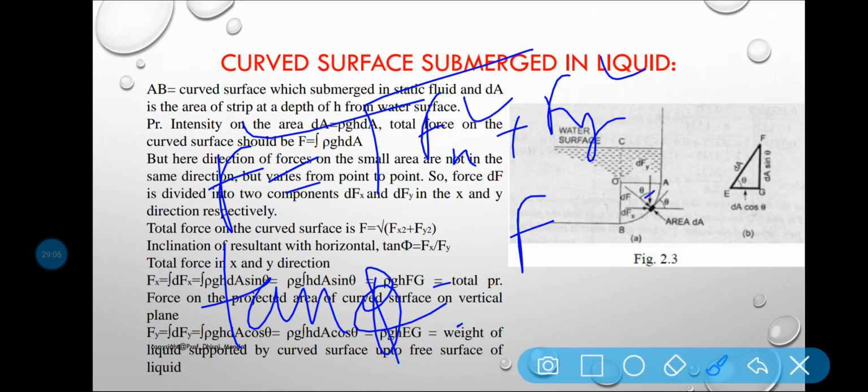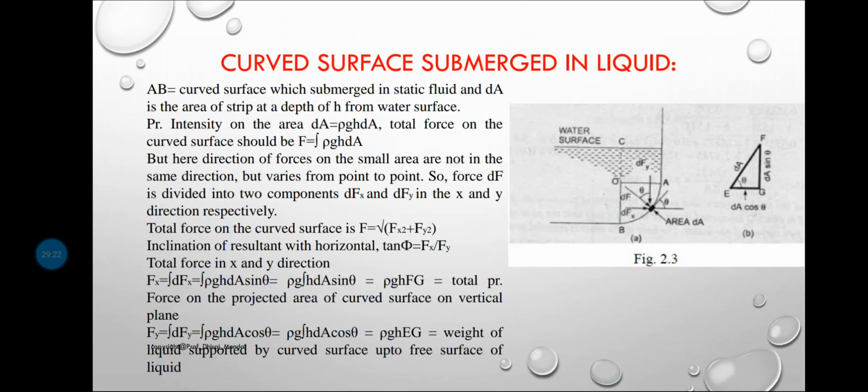So that is your theta. Clear? So ultimately this will be your equation for an inclined curved surface. So F is root over of summation of Fx squared plus summation of Fy squared. This is the resultant force, and the inclination of the angle with respect to horizontal is tan phi. Here phi is taken, tan phi is equal to Fy by Fx. Clear?